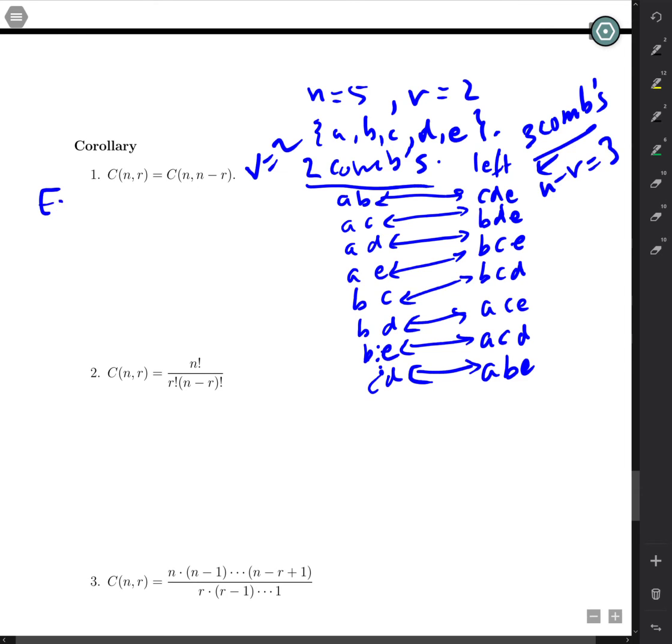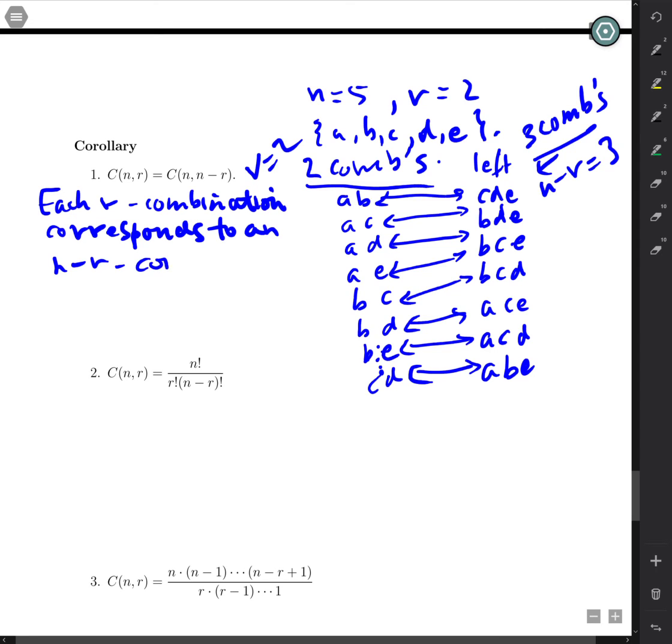Each R combination corresponds to an n minus R combination. So they number the same.